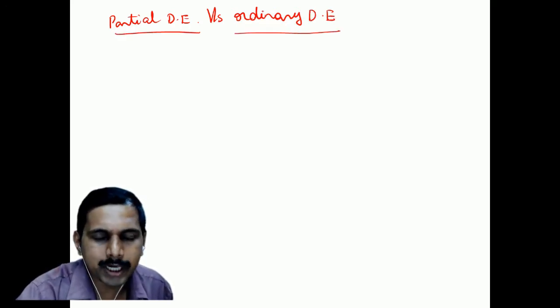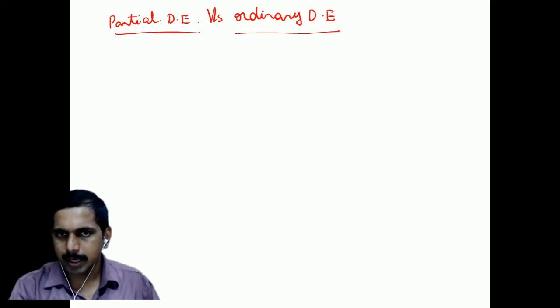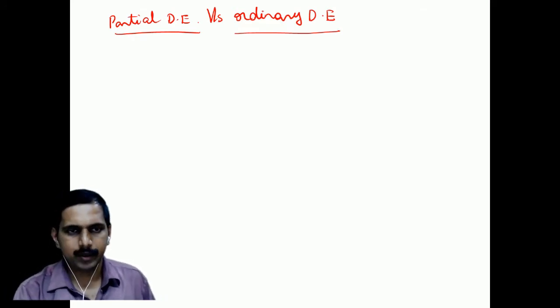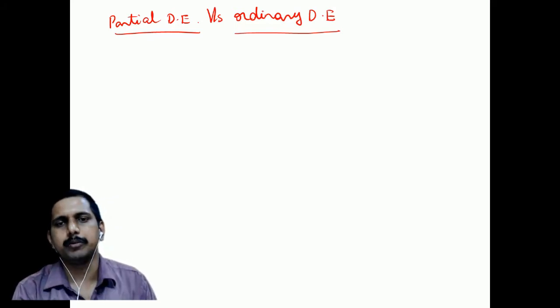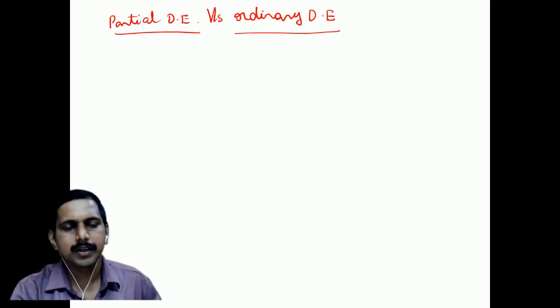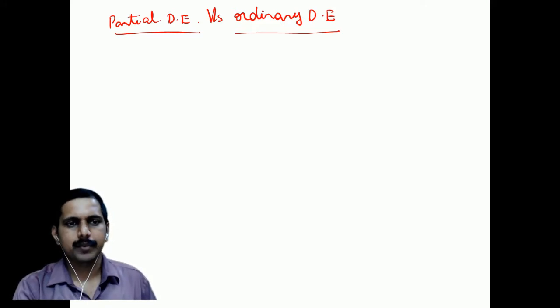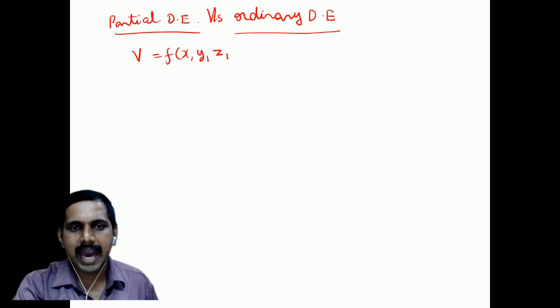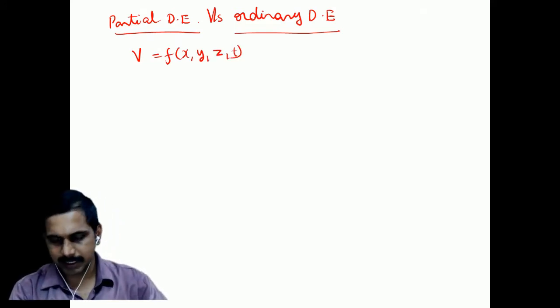See, when you say partial differentiation generally, for example, it is very important in thermodynamics and fluid mechanics, these partial differential equations. For example, if I say velocity is a function of x, y, z and time, this is the case.